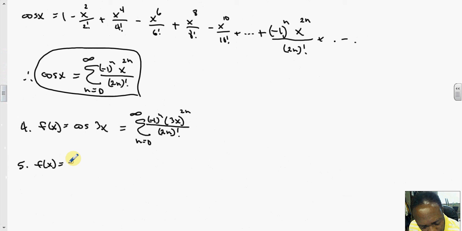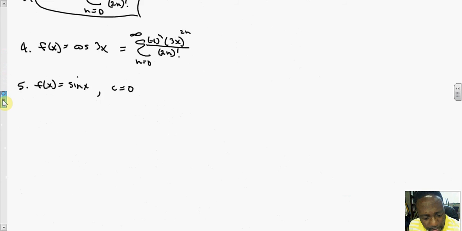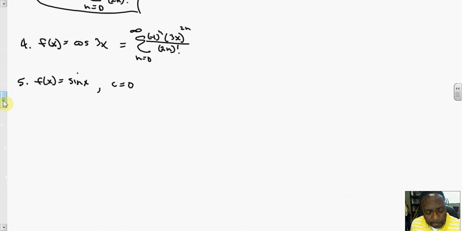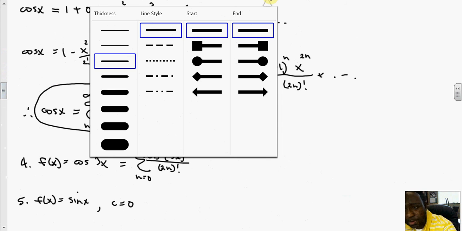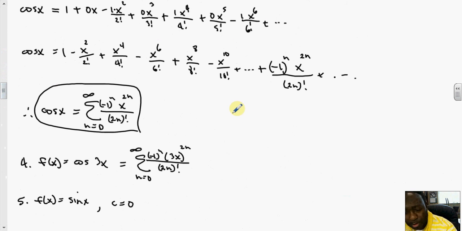Number 5. F of x equals sine x. Here, c is equal to 0. And I want to show you something: if we integrate cosine, doesn't that give us sine as well? Show you something over here. So sine x is equal to the integral of cosine x dx.